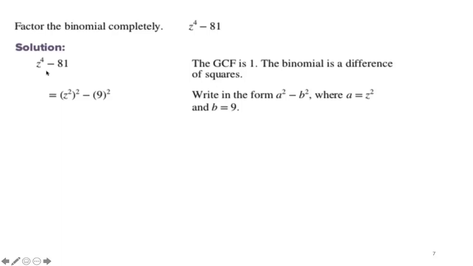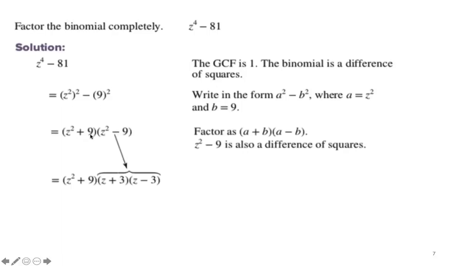This one looks like the power is the fourth power, but we can do the same technique. Again, there's no GCF here, so the a term in this case will be z squared, because z squared squared is z to the fourth, and then 9 squared is 81. So our a is z squared and our b is 9. Applying the formula, we have z squared plus 9, z squared minus 9.